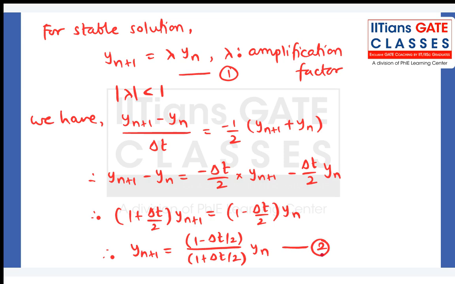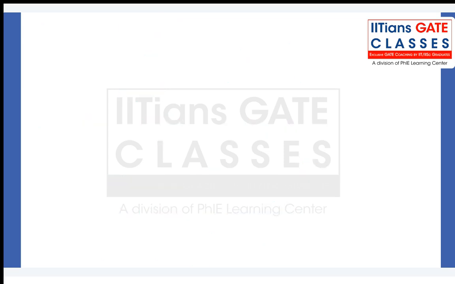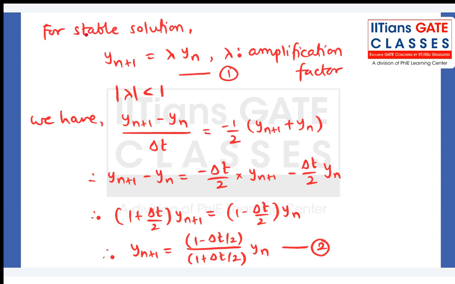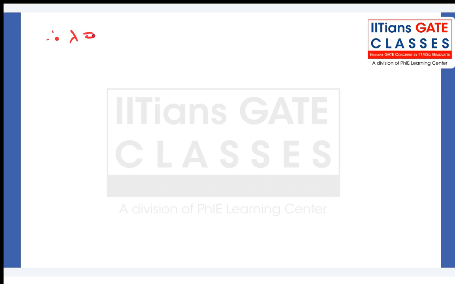Okay, so therefore you can write the amplification factor for our numerical scheme given in the question is (1 minus delta t by 2) over (1 plus delta t by 2).